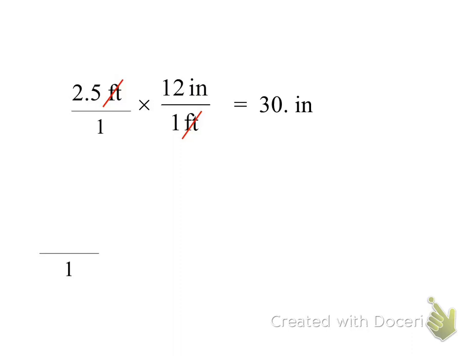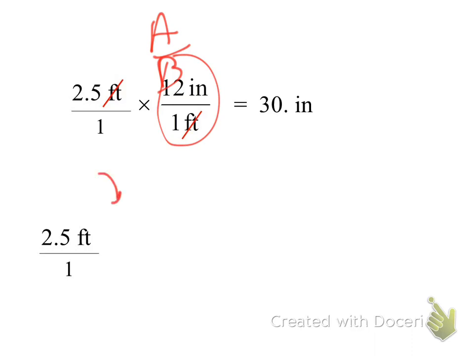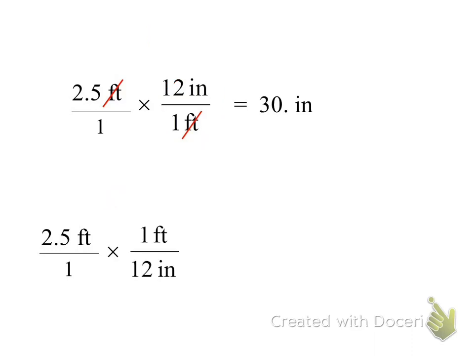Okay. So, just to show you, if we call this A over B, notice that if we do the whole B over A, which is also a unit factor, what units are we left with if we went with this as our second term? What would be in the top?